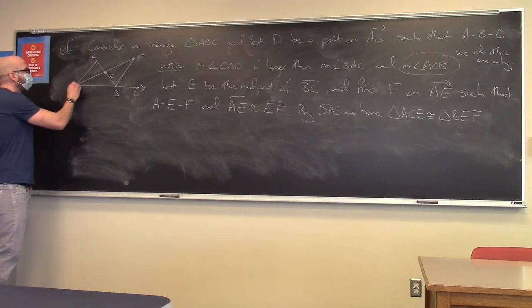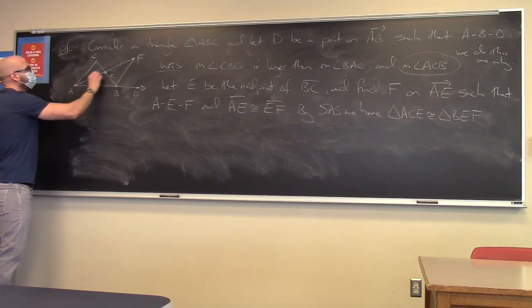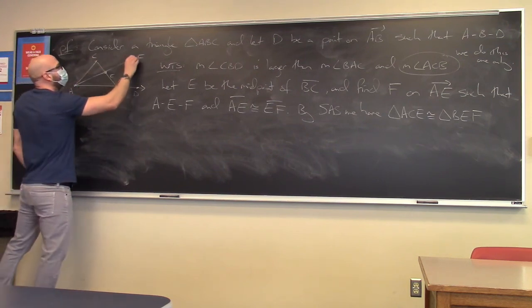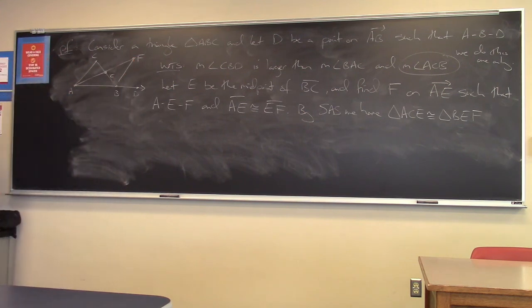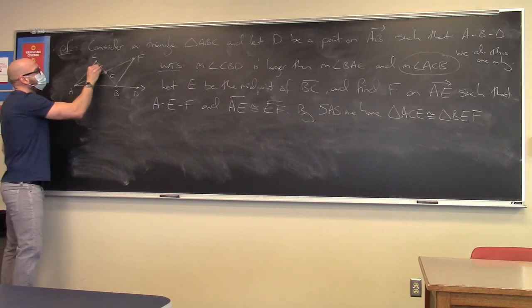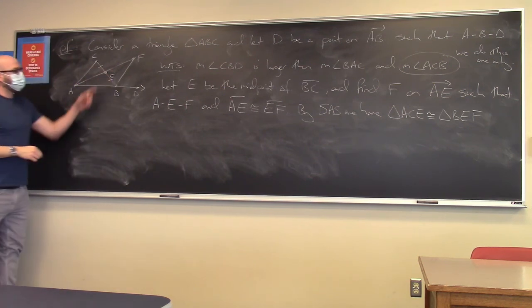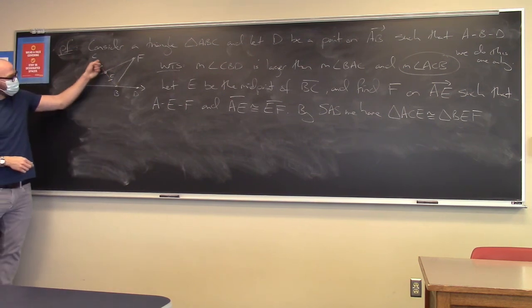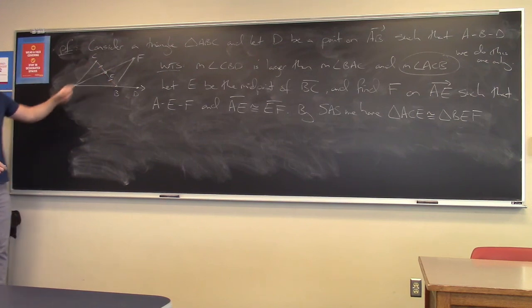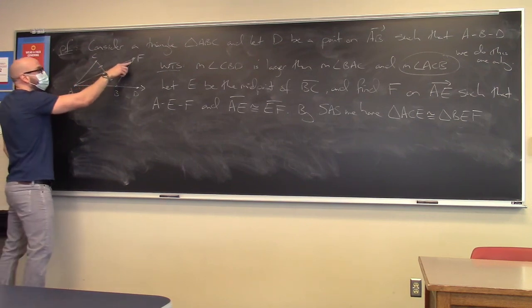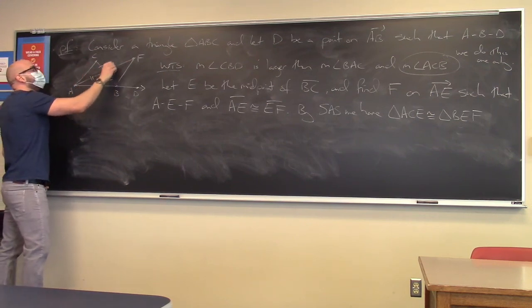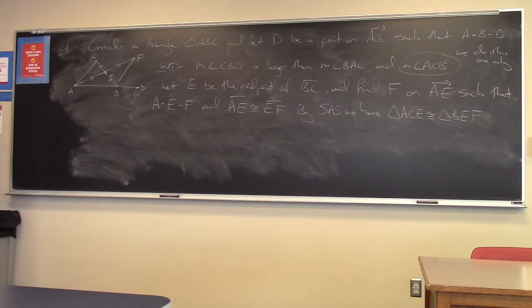Do you believe that this triangle here, ACE, is congruent to this triangle? I'm claiming it follows by SAS. What do I have? Well, I have that this side is the same length as this side. That's how E was chosen. E was chosen to be the midpoint, so those two sides are the same length. We constructed F so that these two sides are the same length.